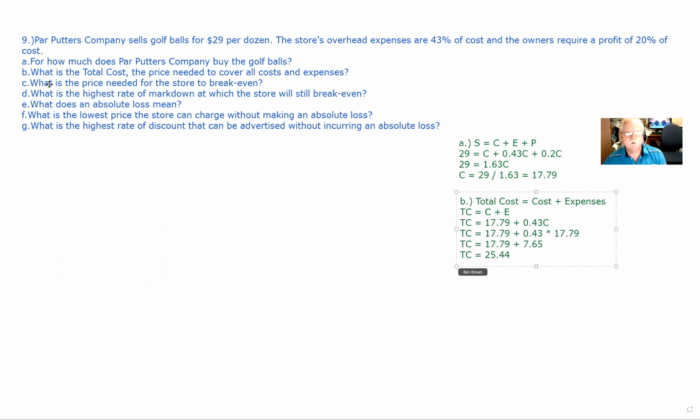So let's take a look at part C here. What is the price needed for the store to break even? So we have to make sure we know what we mean, breaking even.